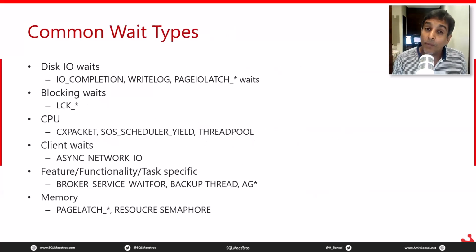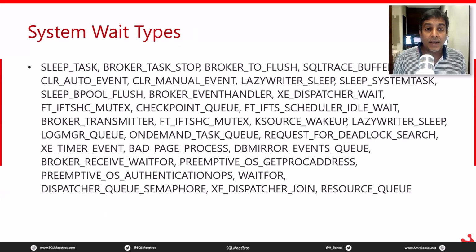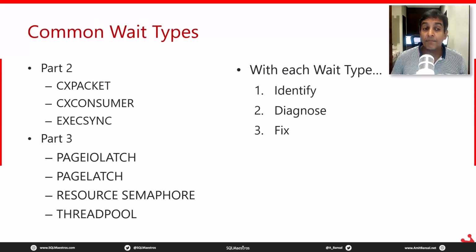There were common wait types that we talked about, and system wait types that you need to ignore. Then in part two and part three, we went a little deeper into some of these wait types, like CXPACKET, CXCONSUMER, and EXECSYNC. This is what we did in part two. And in part three, we did PAGELATCH, RESOURCE_SEMAPHORE, and THREADPOOL.